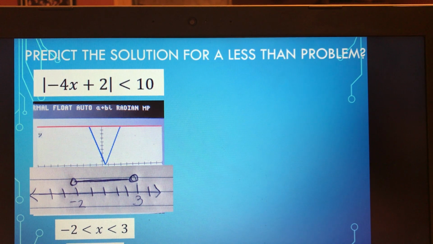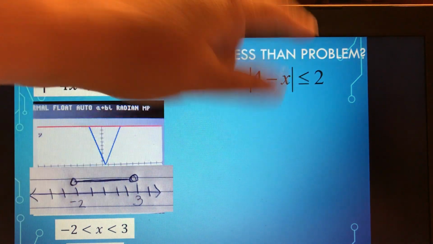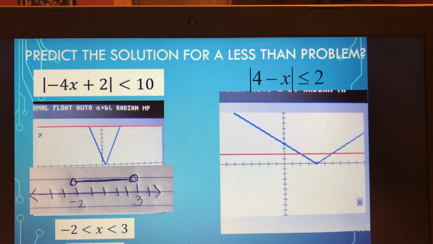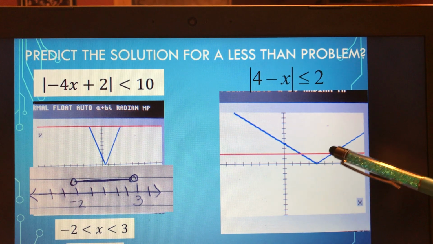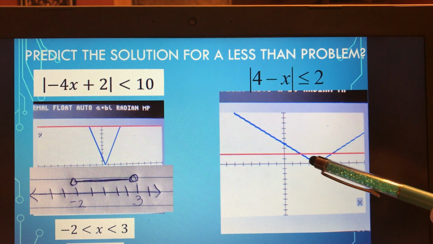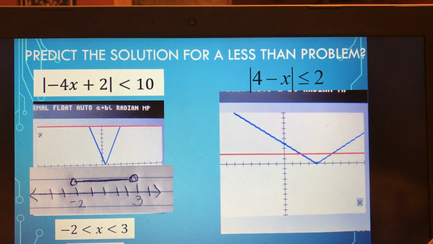All right. The other example, same that we had before, except we changed this to less than. So we'll look at the same graph. Now we're looking at where is this less than. Less than will be, of course, below 2. Notice that that portion of the graph is all connected.